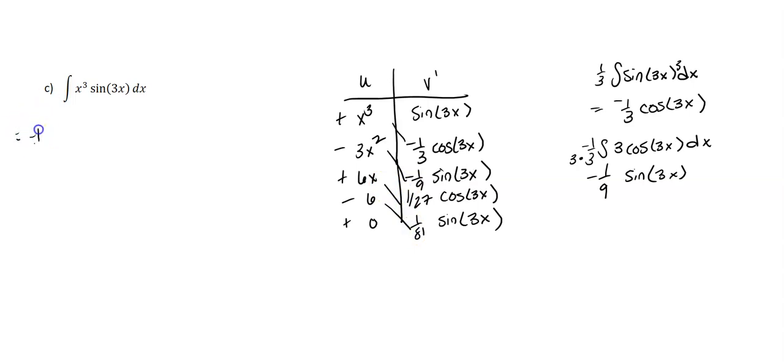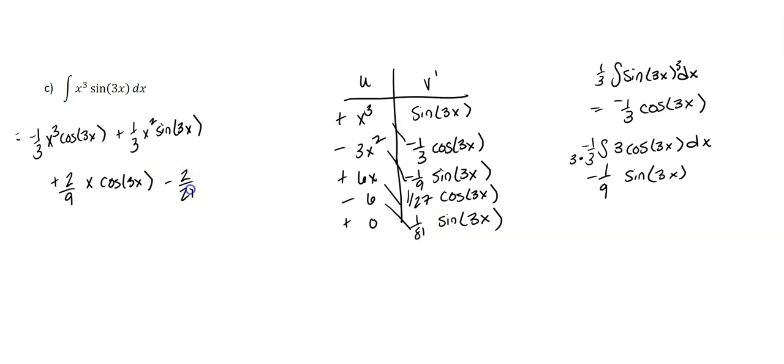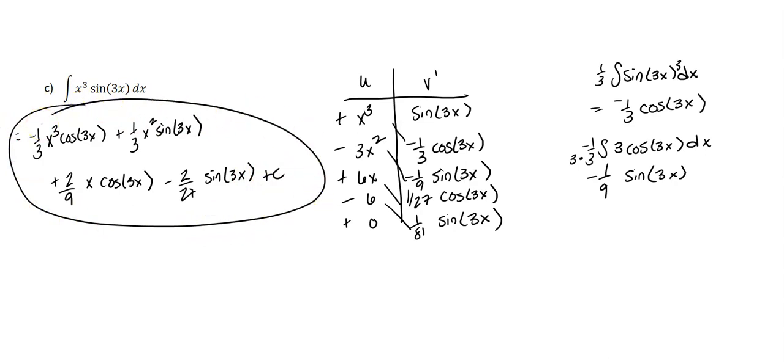So I get negative 1/3 x cubed cosine of 3x, plus 3/9, which is 1/3, x squared sine of 3x, plus 6/27 gives me 2/9 x cosine of 3x, and then finally minus 6/81 gives me minus 2/27 sine of 3x, all plus c. So that would be my full answer there. That is the tabular method.